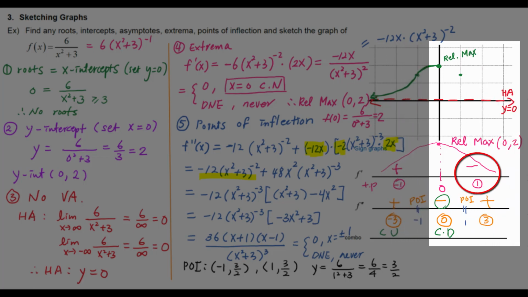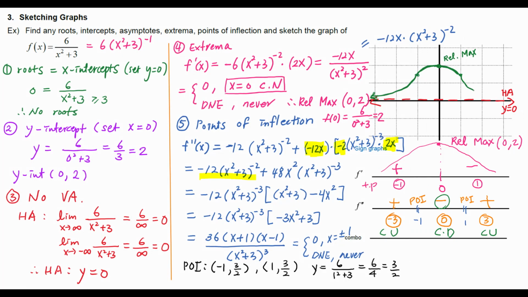Now from 0 to infinity, the graph is going down, but concavity is still down up to 1, so it's still umbrella shape up to 1. But now concavity changes again from 1 to infinity. It's concave up now, so it has to be cup shape again. So your graph will look like that.